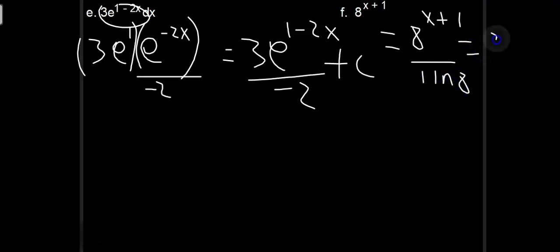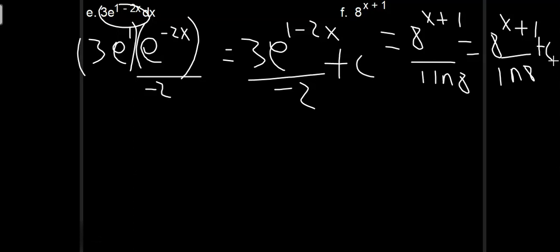So my last value will be 8 raised to x plus 1, the whole over ln 8, plus c. Make sure you add this c. This is also 1 point. Sometimes in exams, if you didn't add this c, they might not give you some marks. Make sure you remember to add this c.